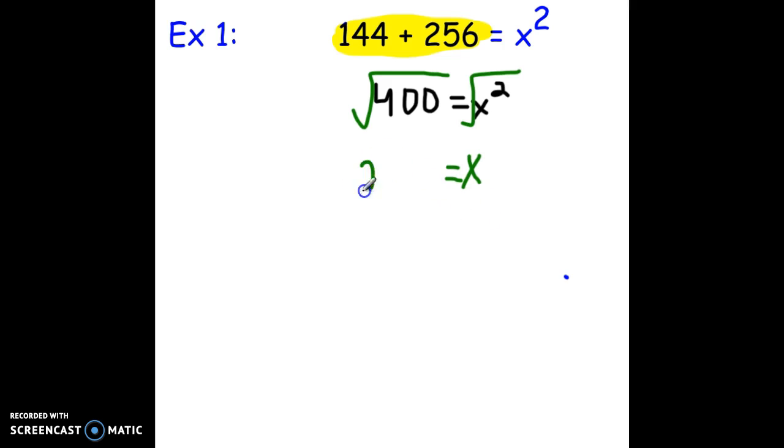Because 20 times 20 is 400, but also negative 20 times negative 20 is also 400. So you can write that as 20 and negative 20, or you can write that, and I'm going to put my x on the left side here, as plus or minus 20. They mean the exact same thing.